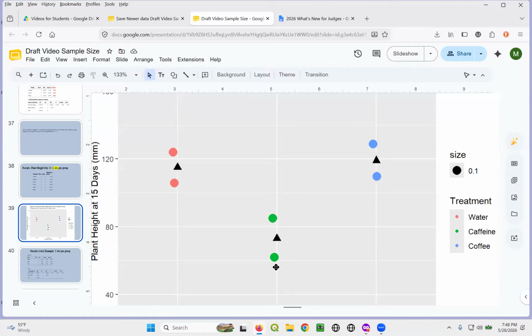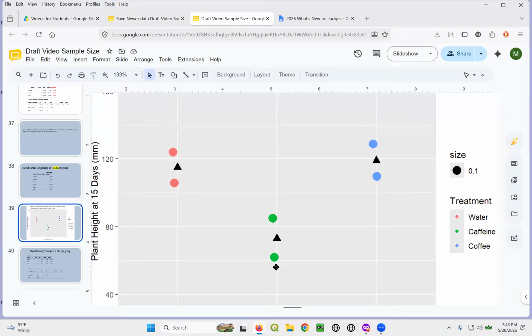And as you had said, you don't know whether something disastrous happened to the plants in the environment, or whether the caffeine really would have that odd effect if we repeated the experiment.